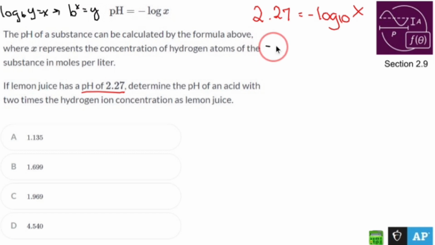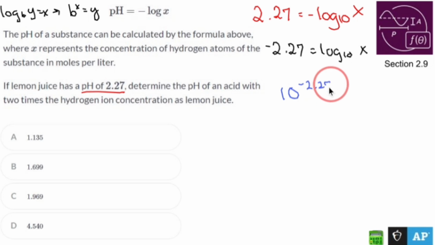Let's multiply both sides by negative. Negative 2.27 equals regular log base 10 of x. Using this formula, I can rewrite this as 10 to the negative 2.27 equals x.